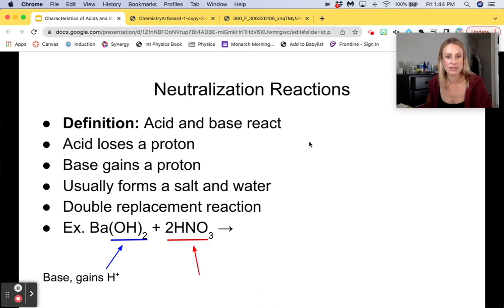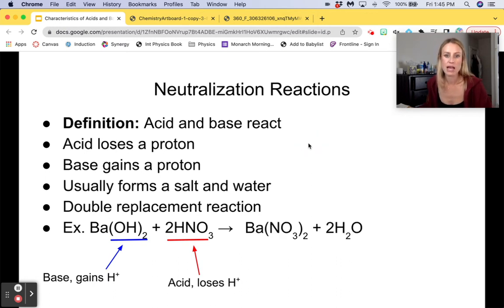And then this right here is my acid because it is going to lose the H plus, my proton. It's going to donate its proton. All right, so I have my double replacement reaction and I get barium nitrate and water. So this right here is my salt, barium nitrate. I have my positive cation and my negative polyatomic anion, and then water as my products.